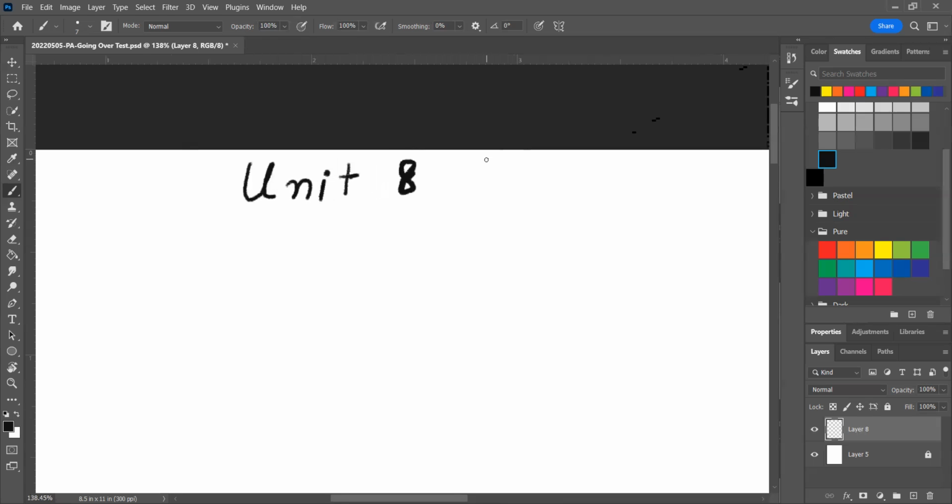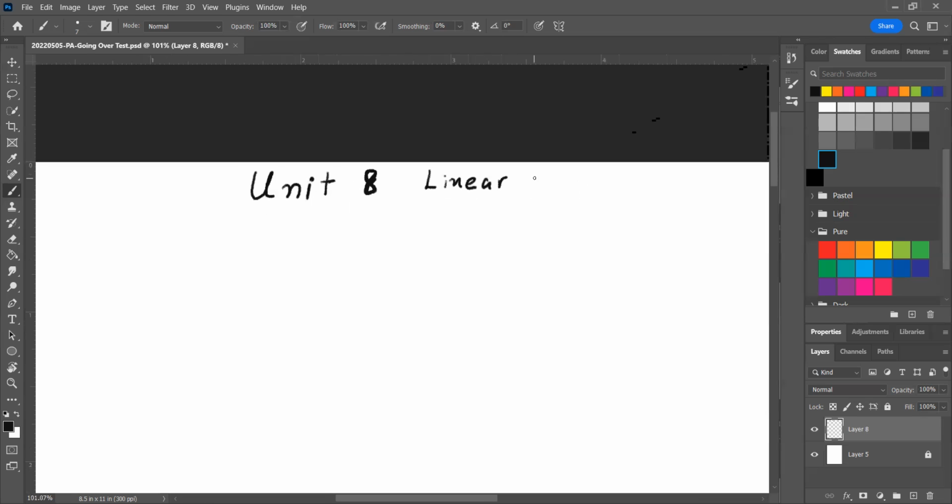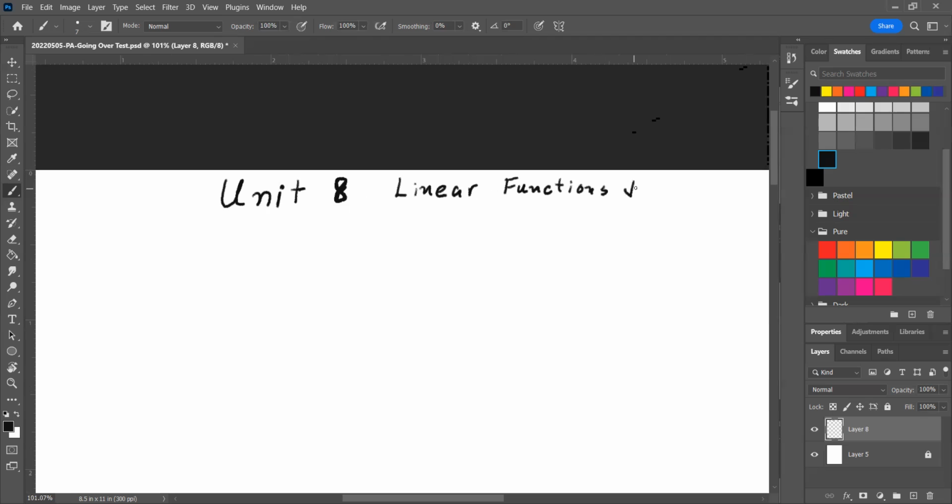Unit 8 is entitled Linear Functions and Graphing.